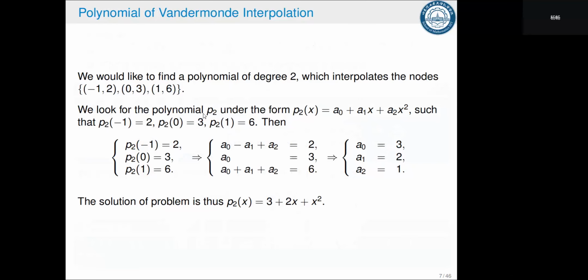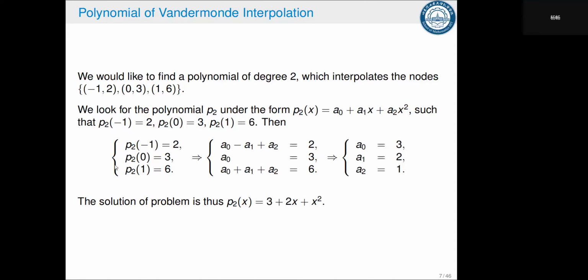This means we want to find a polynomial P2 of the form a0 plus a1x plus a2x squared, such that P2(minus 1) is equal to 2, P2(0) is equal to 3, and P2(1) is equal to 6. You see that is 1, 2, 3: we have 3 interpolation conditions.